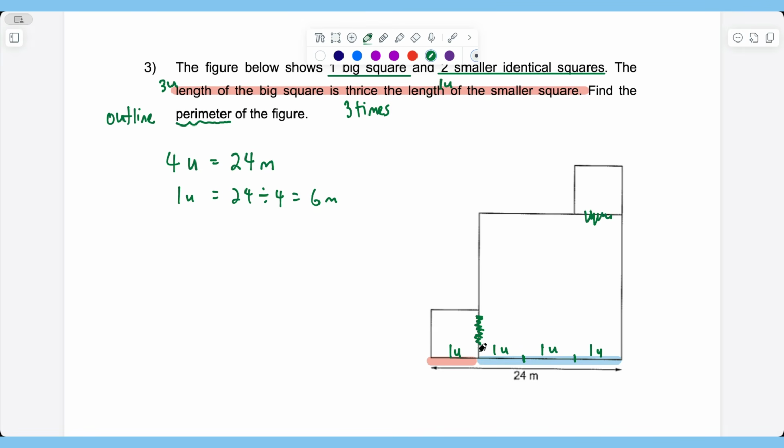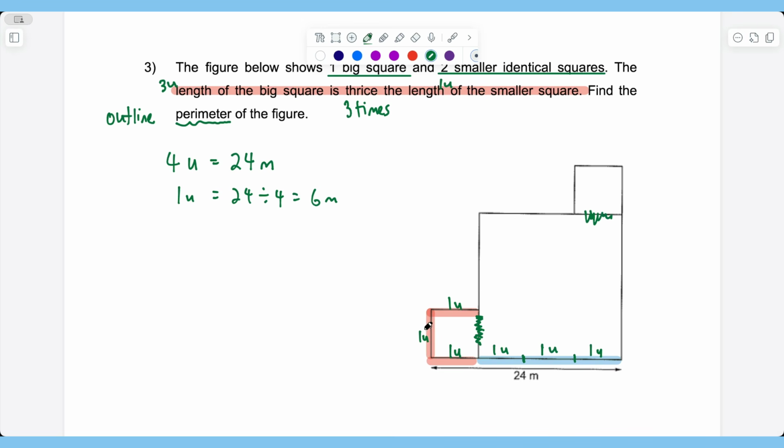The property of a square is that a square has equal sides. That means if this side is 1 unit, this side will also be 1 unit, and this side will also be 1 unit. So they're all 1 unit. Let's write that down. And we found out that 1 unit is 6 meters, right?